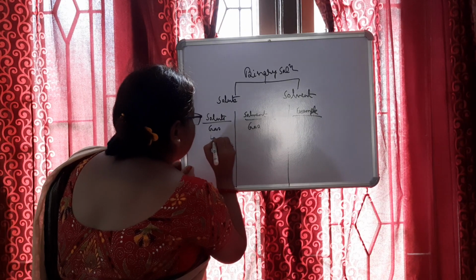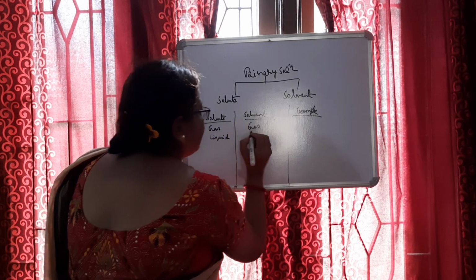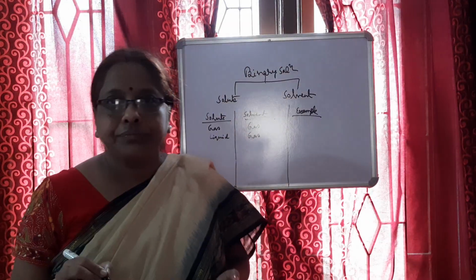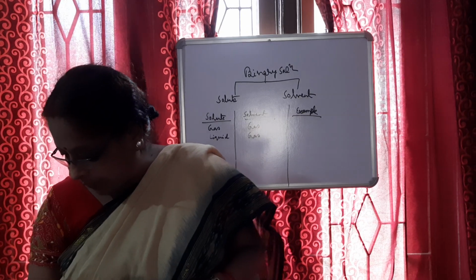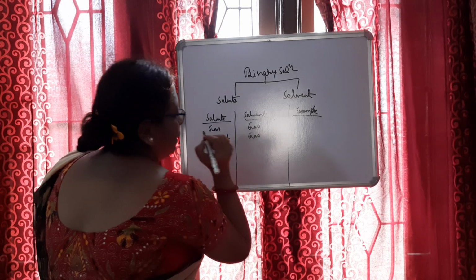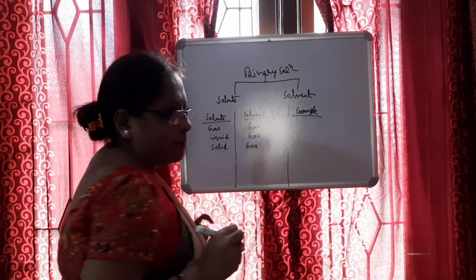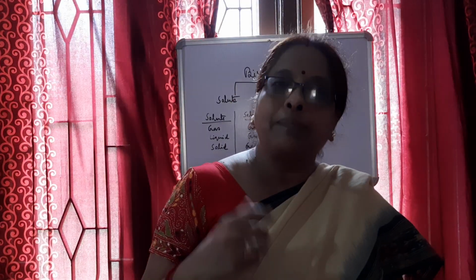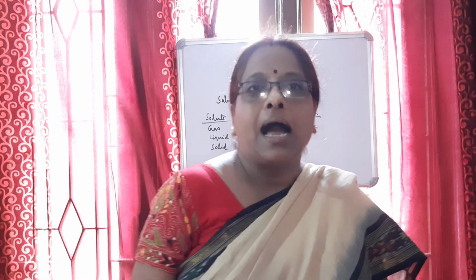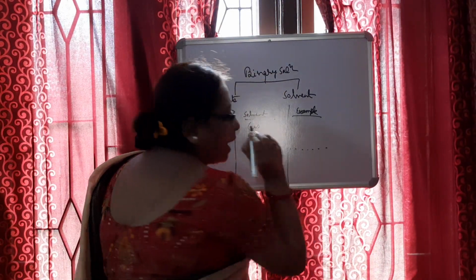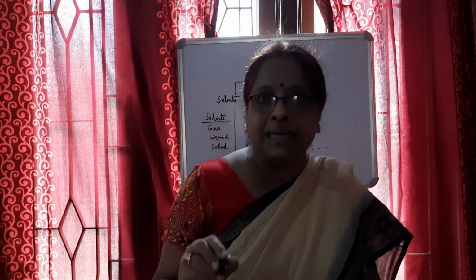If the solute is liquid and the solvent is gas, the example is moisture in air. If the solute is solid and the solvent is gas, the example is sublimation of a solid, either iodine or ammonium chloride, in air.